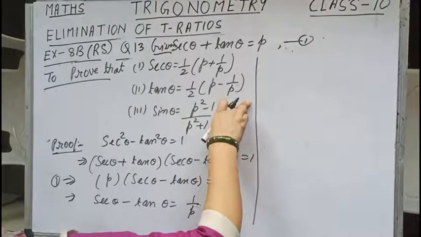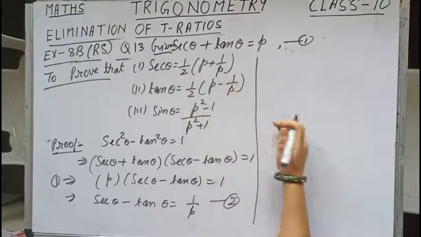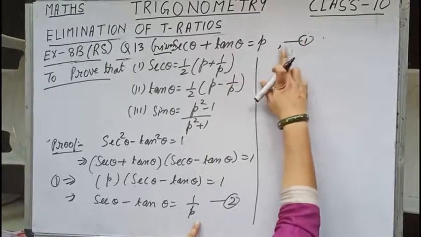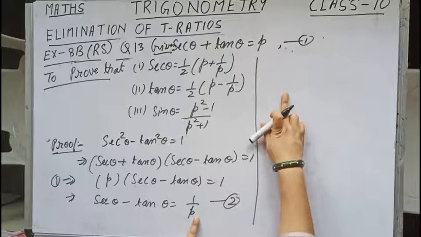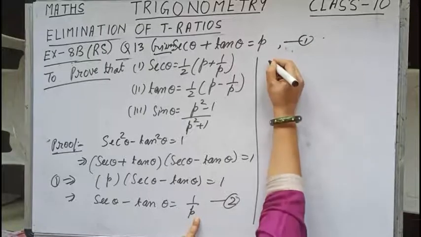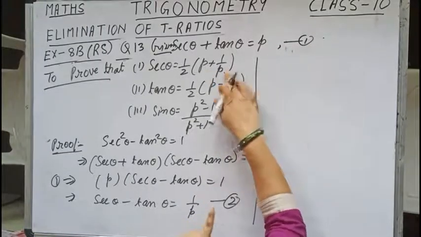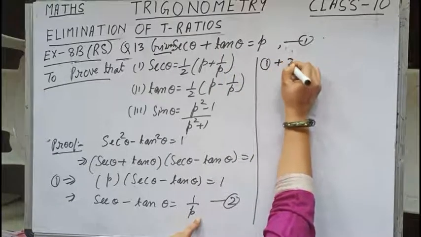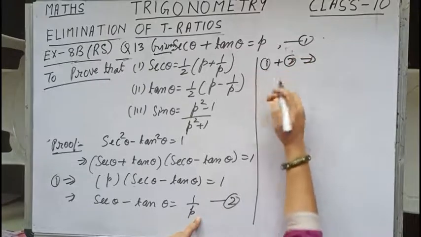Now what we need is p plus 1 by p and p minus 1 by p. So let us start. First, equation number 1 is giving the value of p. Equation number 2 is giving the value of 1 by p. So first we need p plus 1 by p. So 1 plus 2 implies, let us add it.